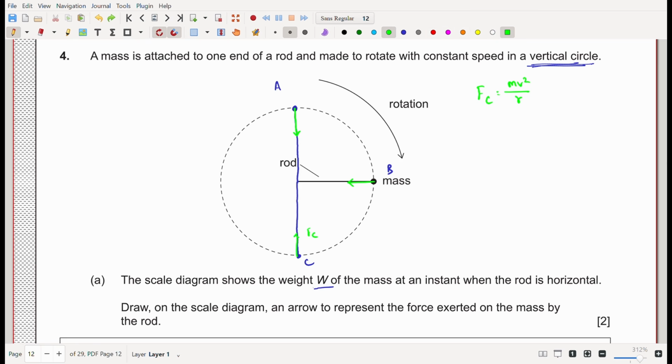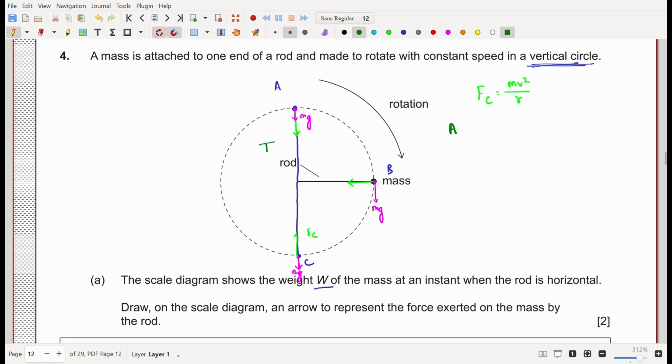Now, let's look at what's varying. We use a different color for this. The mass, so the weight, mg. That's going to be here, this much. And over here, it acts along Fc. And here it acts in the opposite direction of centripetal force. Now this means at different points, the tension in the rod, let's use dark green, is going to be varying.